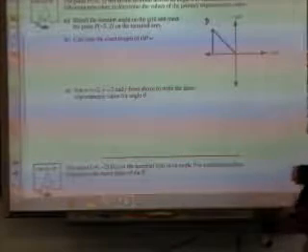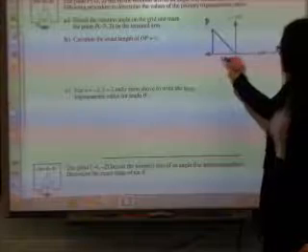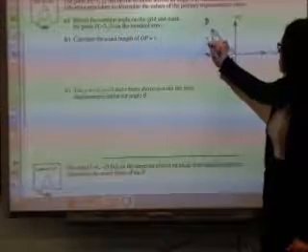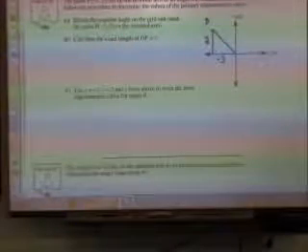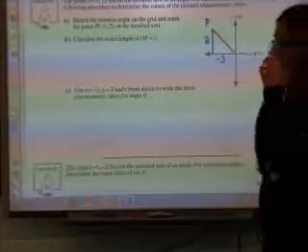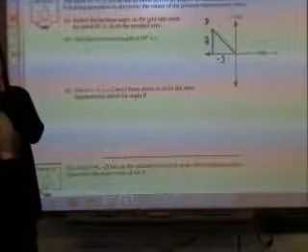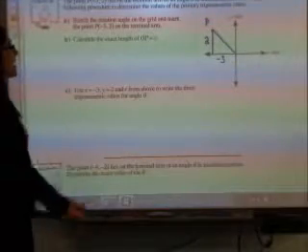So it's going to look something like that, and I'm going to create a triangle out of it. So -3 is my horizontal, and 2 is my vertical. I can use those numbers to calculate the length of R by using which theorem? Pythagoras.